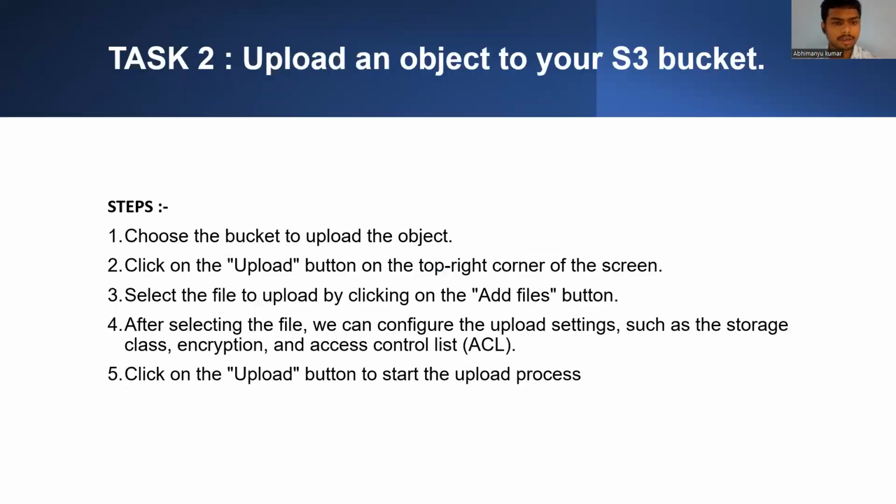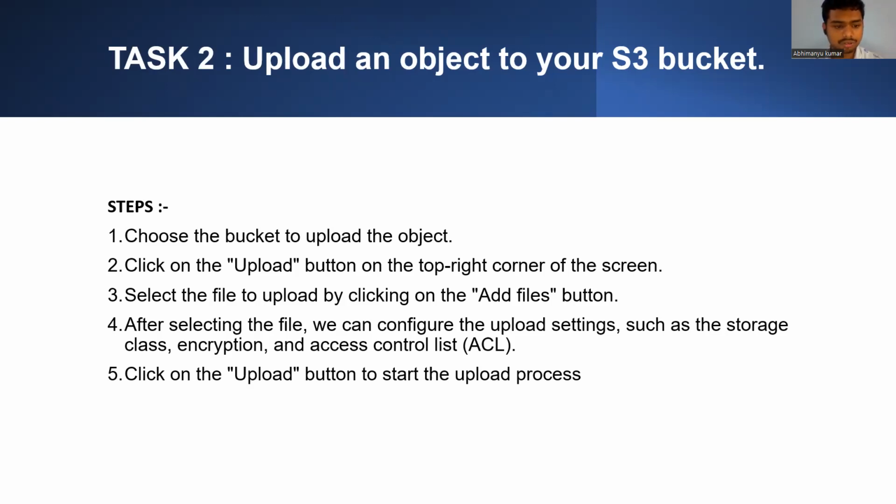After creating a bucket, we can upload any object, like text files or images, anything we want to store in the S3 bucket. To upload, we choose the bucket, and then click the upload button in the right corner of the screen. Then we select the add files button.